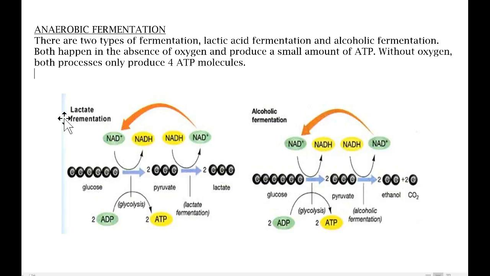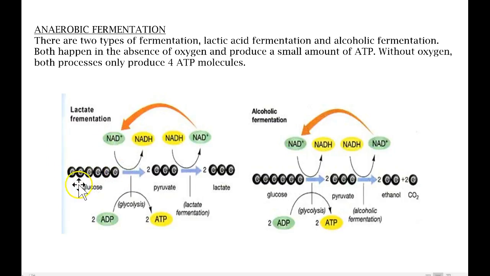It still needs to be able to produce ATP so that ATP is available for cellular activities. And you're still going to use glucose. Glucose is going to be the main energy molecule that will break down. So let's focus on that lactic acid fermentation here.